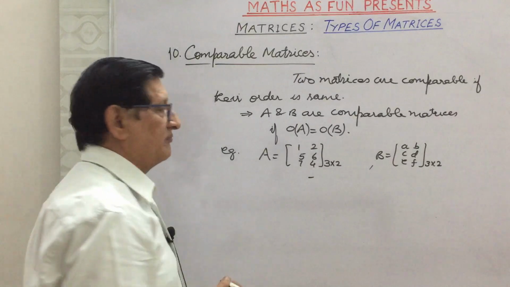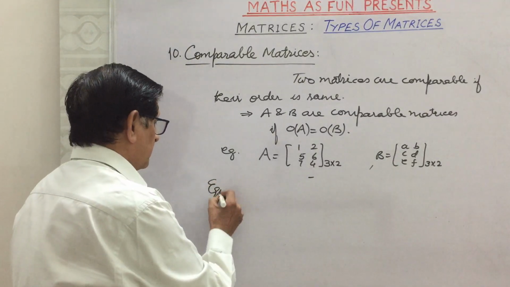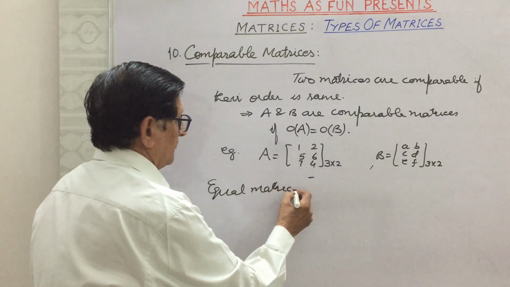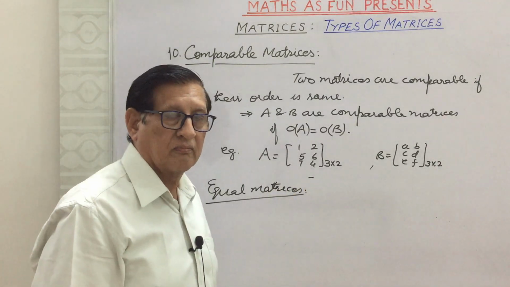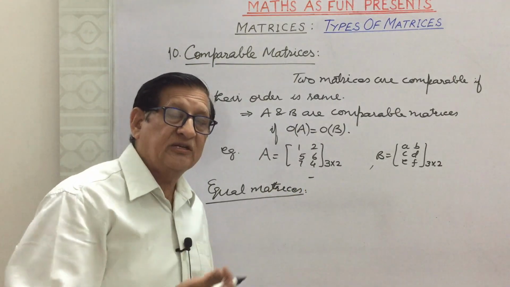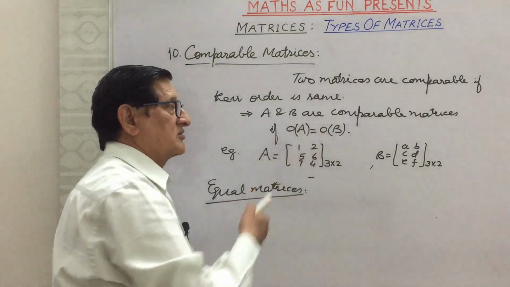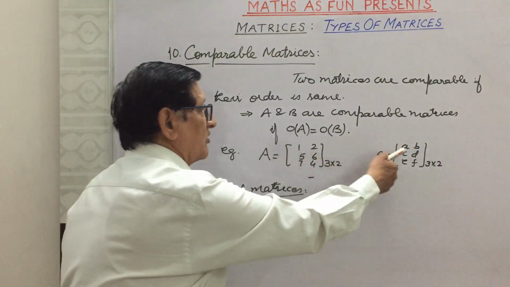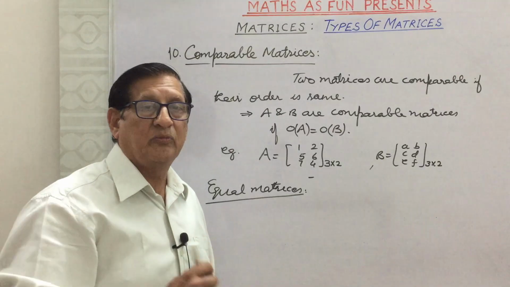Next we have equal matrices. What are known as equal matrices? See, comparable matrices may be equal if the elements are also the same in both.